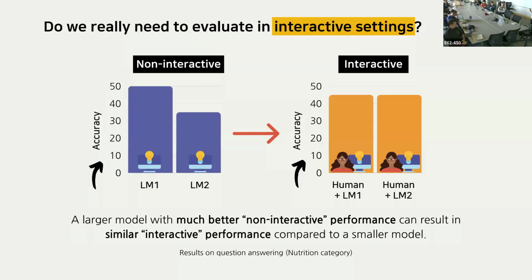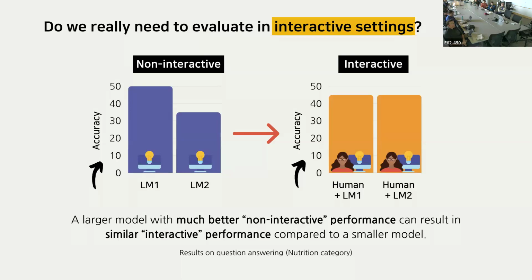So I'm sharing these notable exceptions that are specific to some task, some domain. But if you're designing a system for that task and domain or similar kinds, it might matter because, again, language model 1 is 100 times bigger. What that means is that it's usually much more expensive, much slower, and has much more environmental impact.